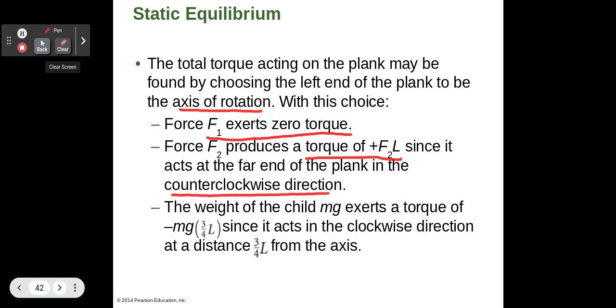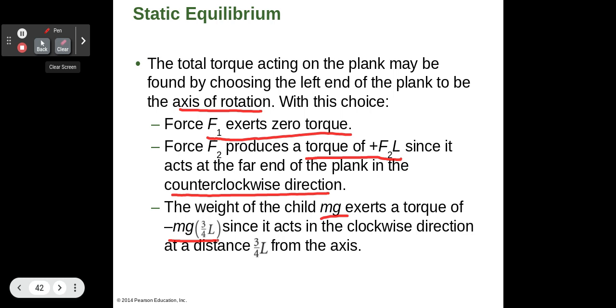So that's our F2, and that torque would be equal to the force that's applied at F2 times the length of that plank. And then, of course, we have the child's weight, which is mg, mass times gravity. And so that torque would be equal to mass times gravity times 3/4 the length of the plank, because the kid is sitting 3/4 of the way between the axis of rotation, between one end and the other end.